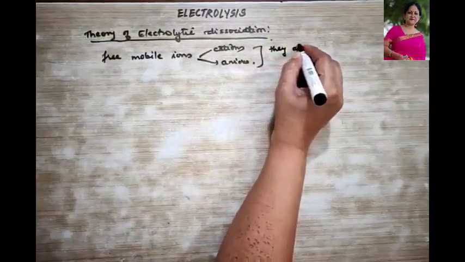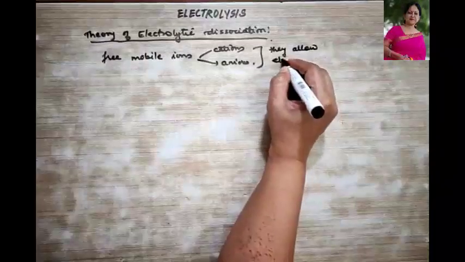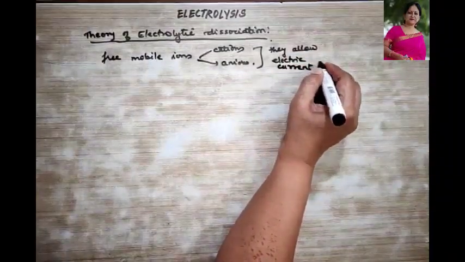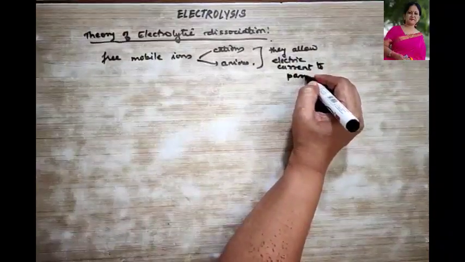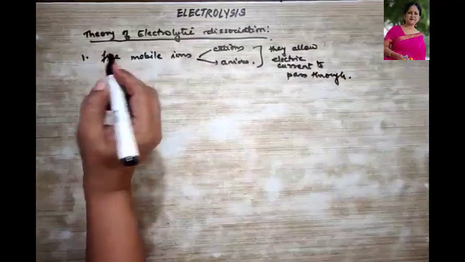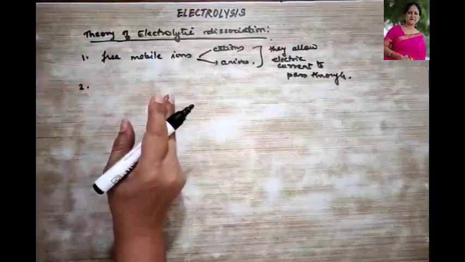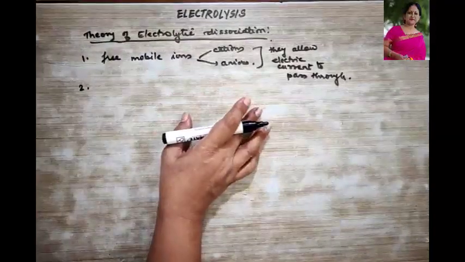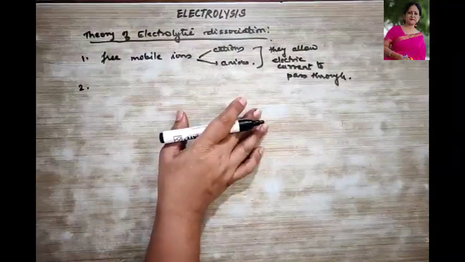First point is clear. Then second point, all ions carry electric charge and they are responsible for the flow of current through the solution.